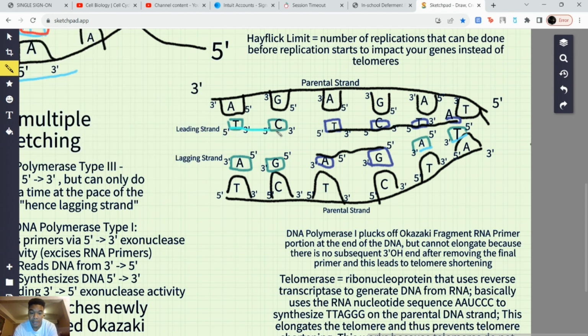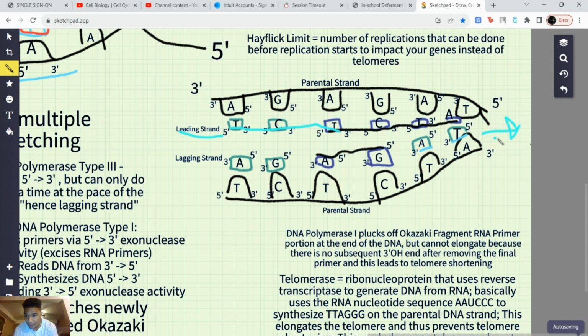And DNA polymerase 1 removes that primer, smooths it together, makes it seamless with the rest of the newly synthesized leading strand. So remove the one primer and you're good.